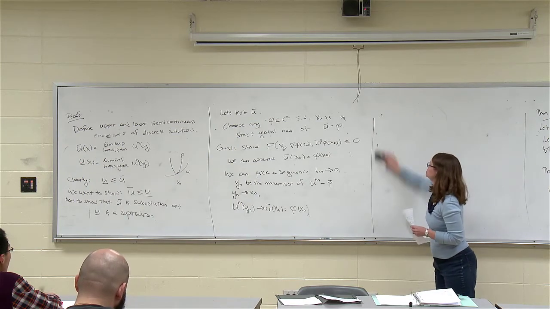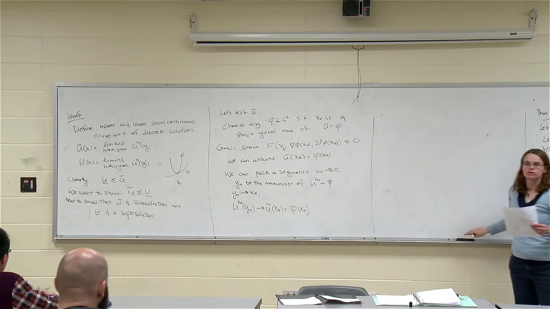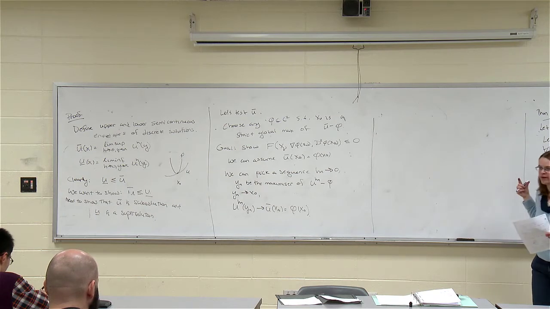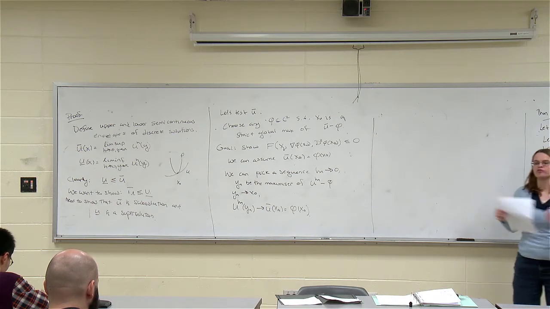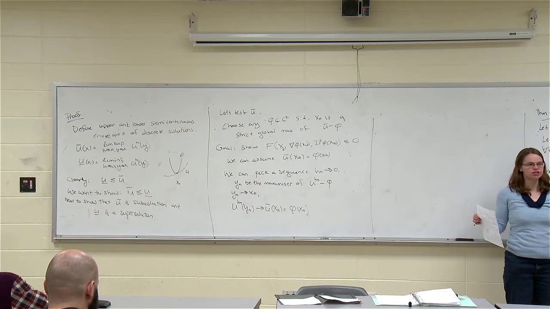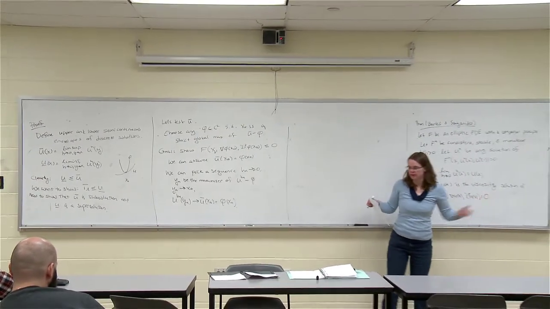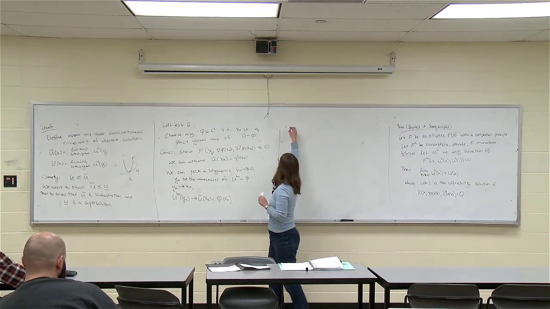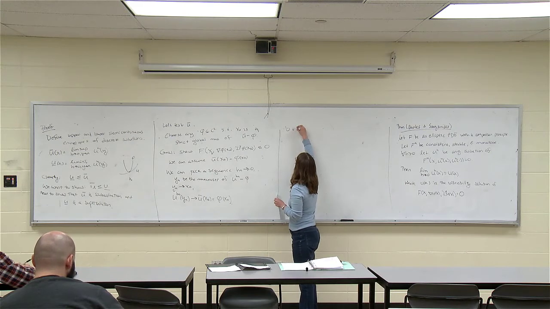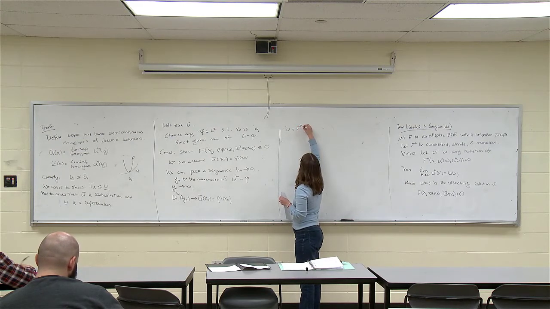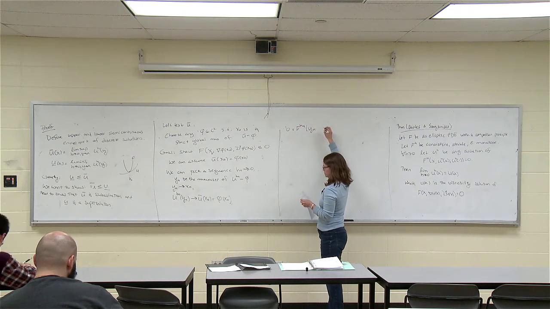Okay, now what is UH? UH is a solution of my scheme, right? So if I plug UH into the scheme FH, I get 0. Okay, so let's plug it into the scheme.